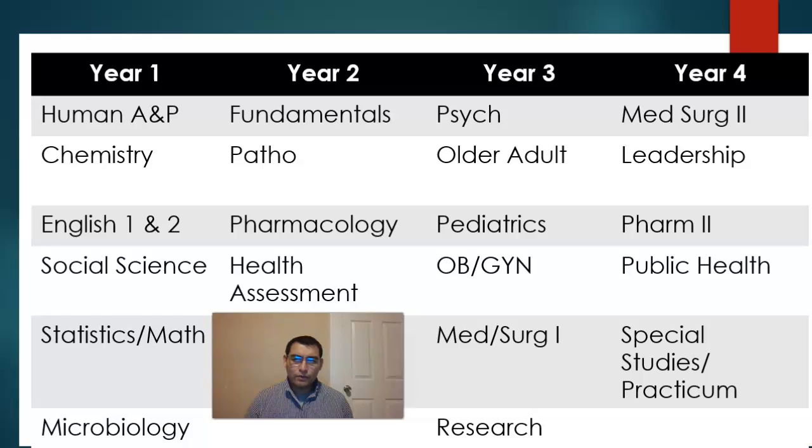I believe this is a great point to start as it allows an introduction into anatomy and physiology, chemistry, and then also the microbiology. I believe those are great introductory courses. And then also social sciences, I believe those are a very fundamental piece of learning for students.